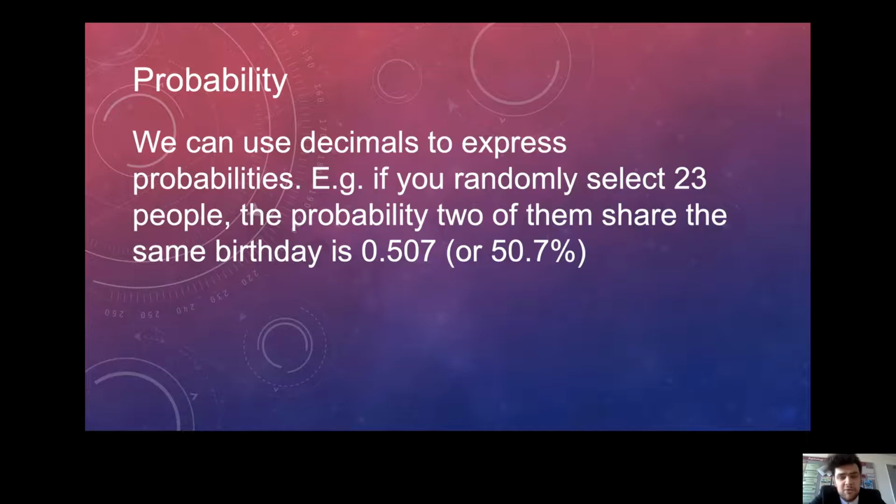Little fun, one of my favorite little facts. I've got a great many of those. If you randomly select 23 people, the probability that 2 of them share the same birthday is 0.507. It's above 50%, which is one of the most counterintuitive things in the world.